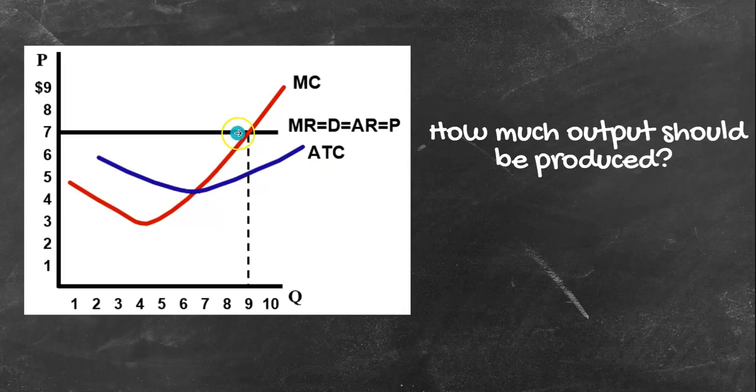The quantity at which the perfectly competitive firm should produce is where your MC, this red line in this example, crosses your MR, which is this horizontal line. If we look at this intersection and then go all the way down, that is equivalent to a quantity of 9 in this example. And so 9 is the quantity that this perfectly competitive firm should produce.